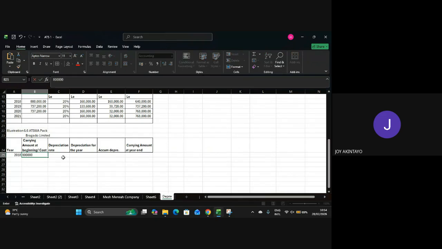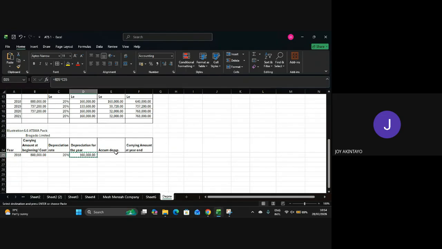And we have to apply what's the depreciation rate? 20%. So depreciation for the year will be 800,000 times 20%. How much do we have? Accumulated depreciation for the year will still be this because this is the first year.